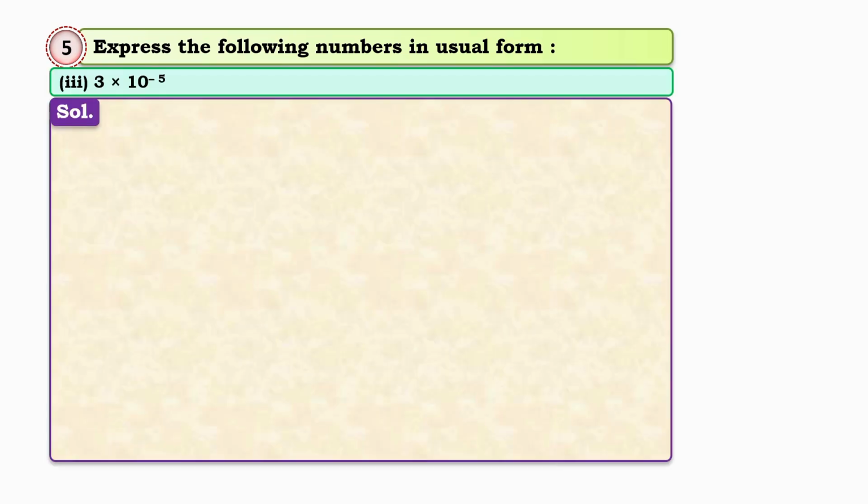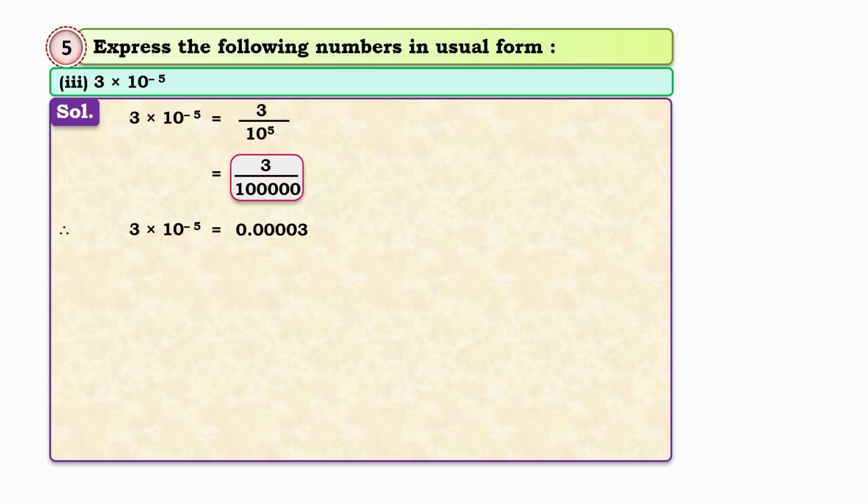Now one more problem. Let us take a look. So 3 by 10 to the power 5. So this is going to be the final answer in the usual form.